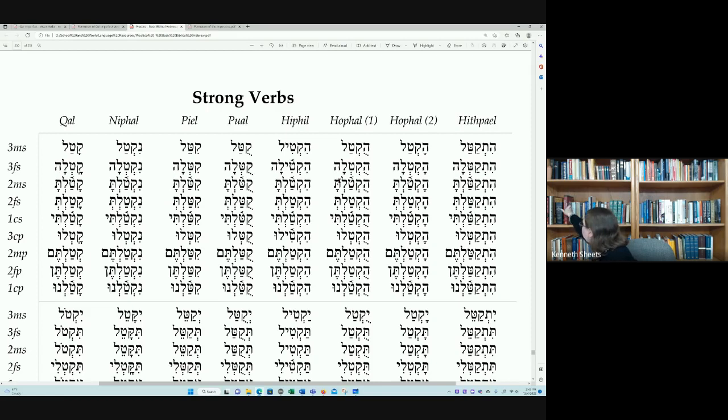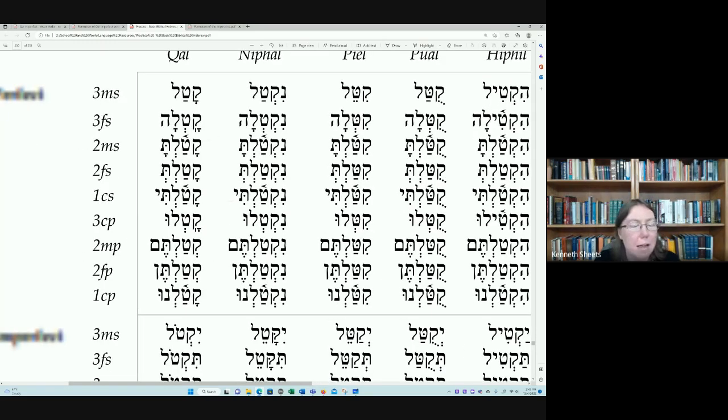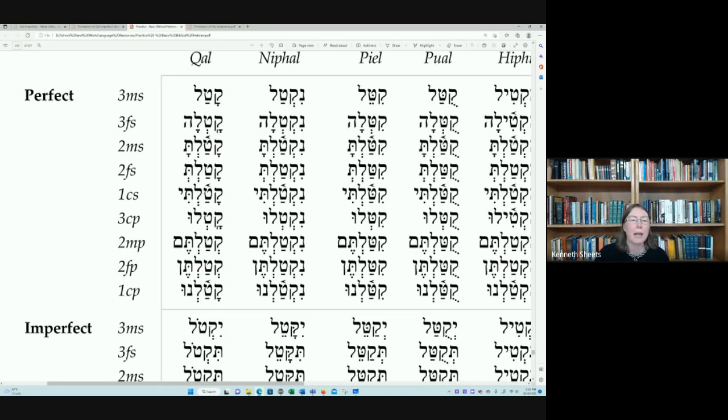So that's where this is taken from. But notice here, especially looking at the Qal perfect, and notice that he is going to be using here the root qof, tet, lamed. So qatal, which is basically the idea of to kill. So thus you have then the different forms here.